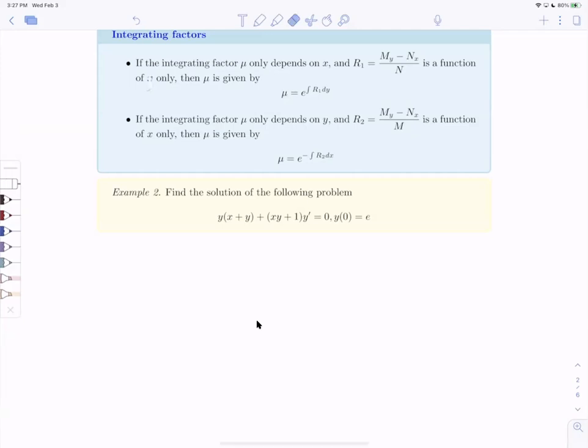No, here should be y. Well, one is x, one is y. I don't remember which one is which. If you try them, you should be able to figure it out. Yeah, I think this one is y.